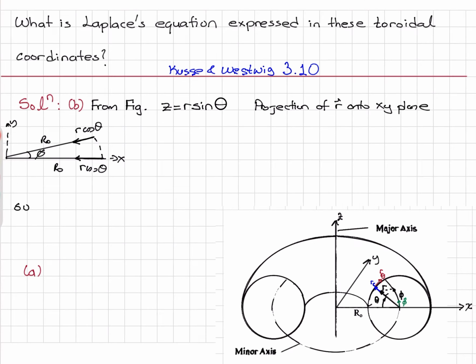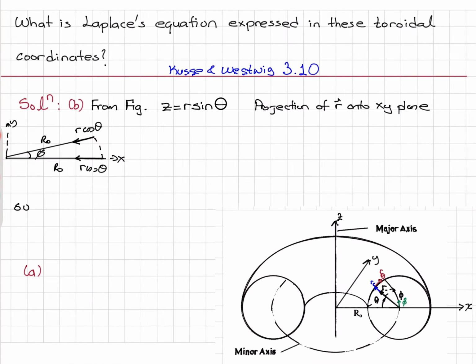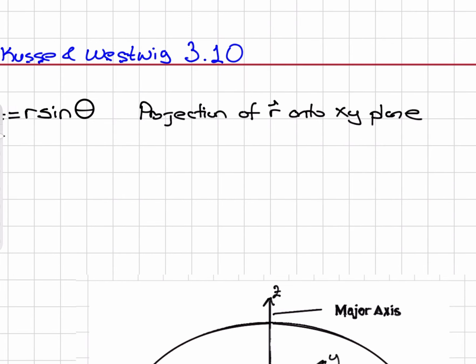Now projection of r onto the xy plane, where I use the polar coordinates r and phi, remember, we're going to have the projection onto the xy plane, r cosine theta, so that's going to be the projection here, r cosine theta.